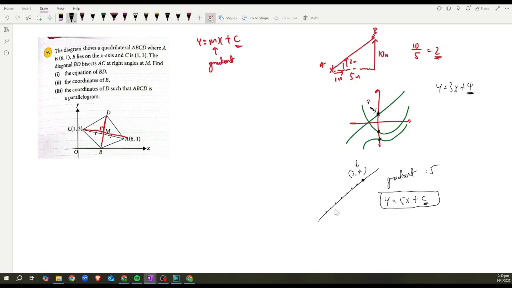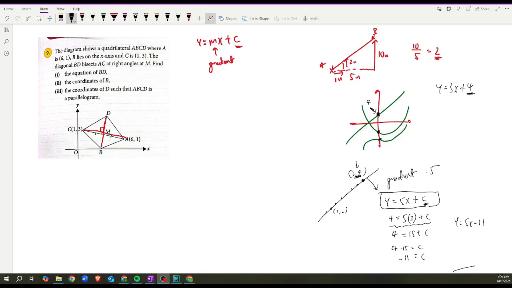So if I know the x coordinate is 3, from the equation I know that it should give me back 4 as the answer for y. So if you look at this equation, there's only one unknown left, and I can solve for it. 4 equals 15 plus c, c equals 4 minus 15, c is negative 11. So the equation of the line will be y equals 5x minus 11.